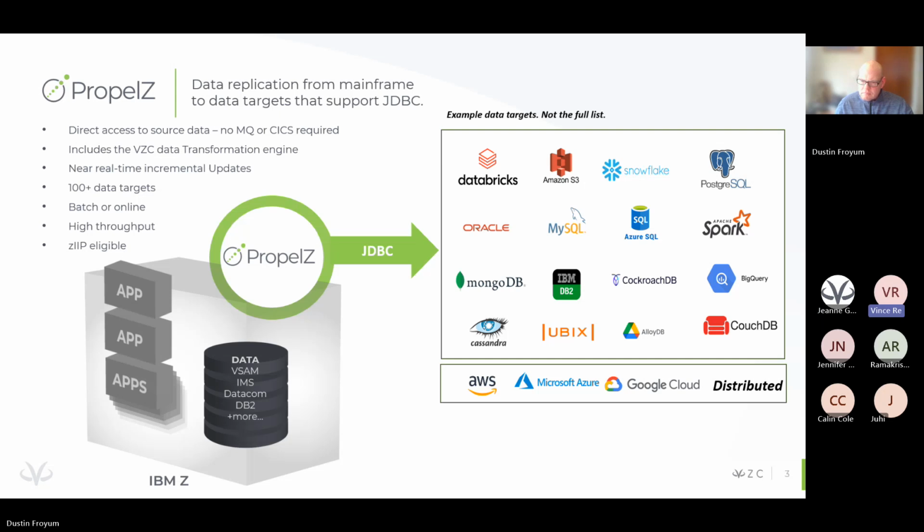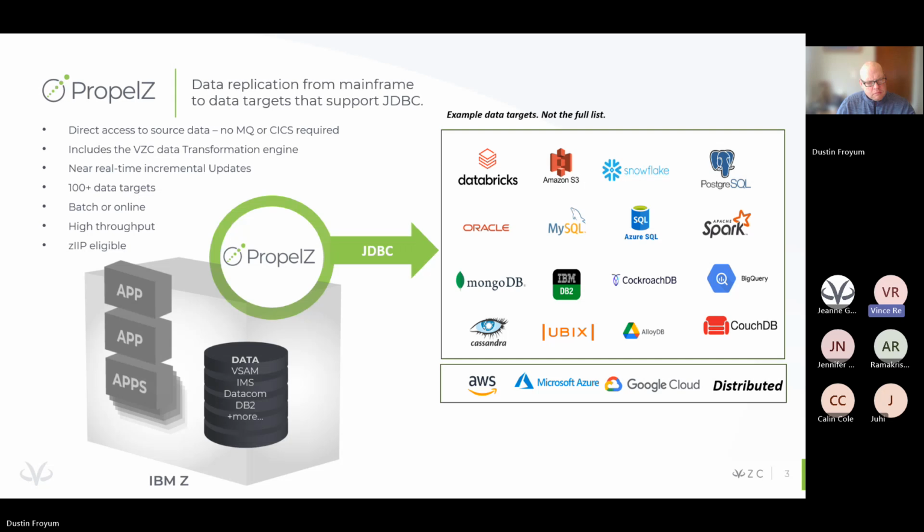I already mentioned that we can support just about any target. If it's not a database target, one of the other things we can do in understanding that data is transform it into, I'm going to call it, an industry standard format. So, JSON or XML or CSV or whatever makes sense to you.